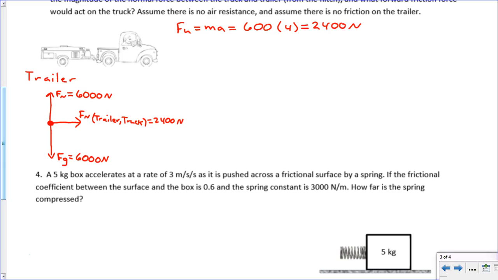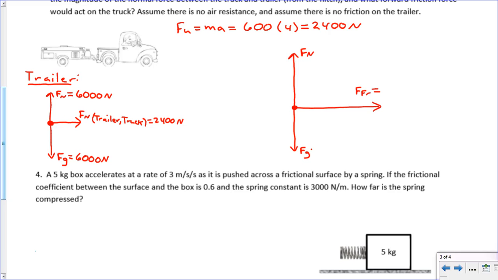The next thing I'm going to do is make an FBD for the truck. On this truck, we have 4 forces acting. We have Fg. We have a normal force up. I said there's a forward friction force on it. This is the one between the tires and the road that pushes the vehicle forward.